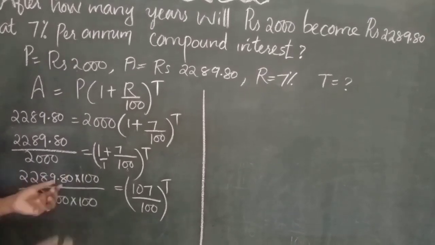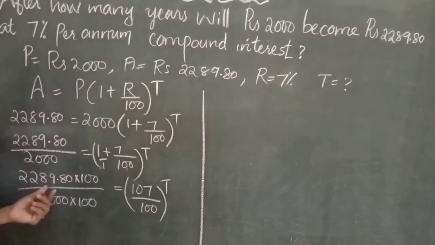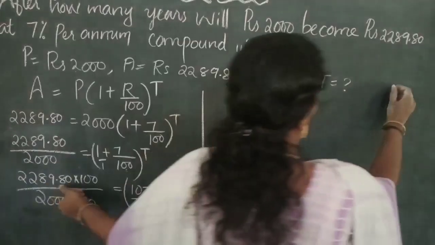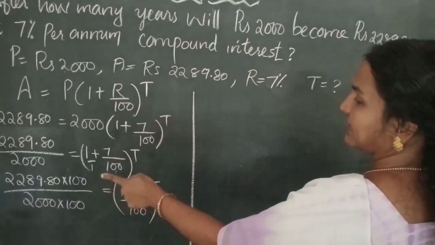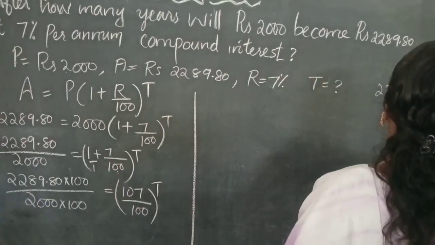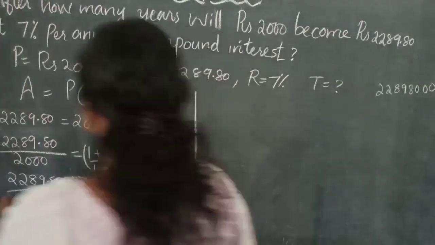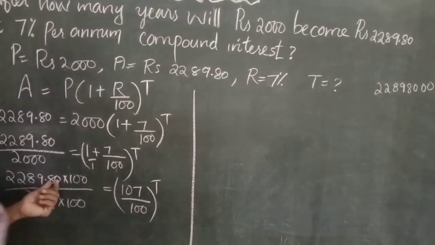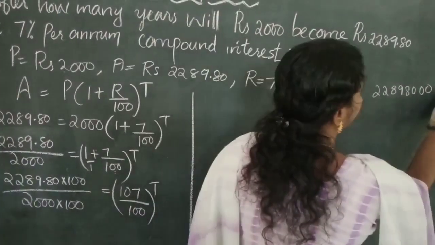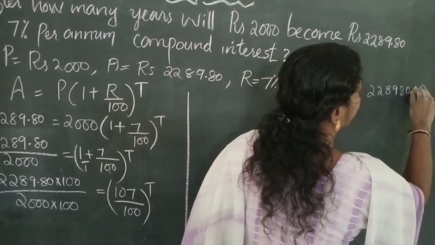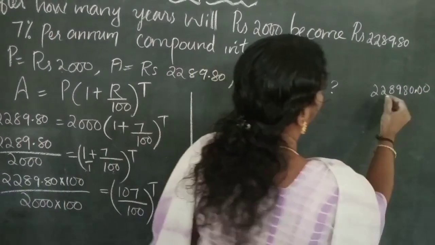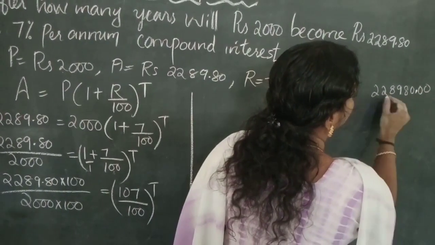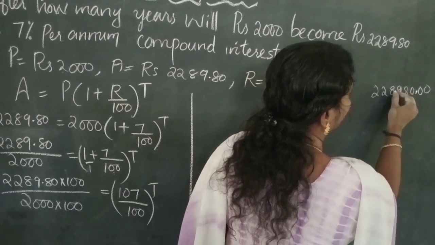2289.80 into 100 means first ignore the decimals, you have to multiply the numbers. 2289.80, then here decimal, okay. So put the decimal 2 digits from the right. So ones, tens, 100, 1000, 10,000, lakh.